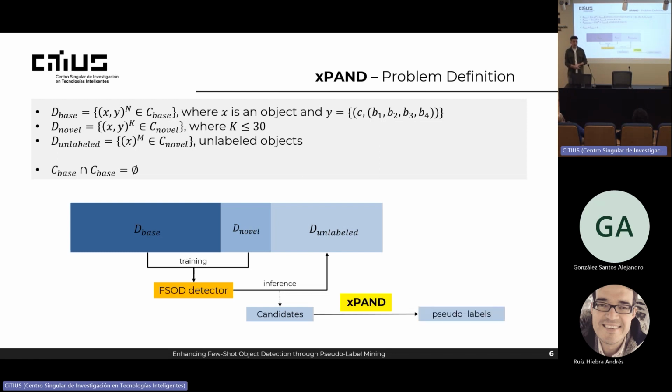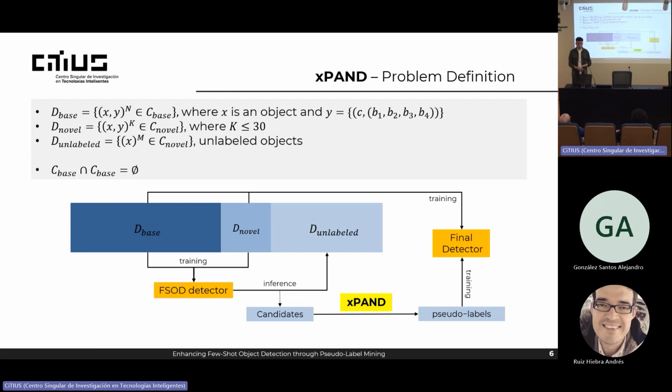So here is where we propose our method EXPAND, which filters out many of these bad quality detections. At the end, the obtained pseudo-labels together with the original labeled data can be used to train and improve any detector. It's worth mentioning that our method can be integrated with any few-shot detector to improve it.